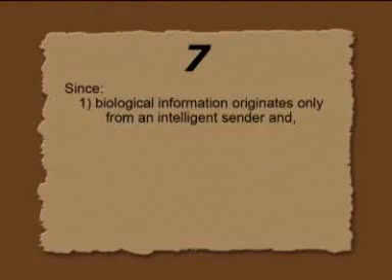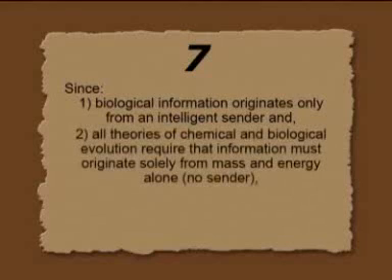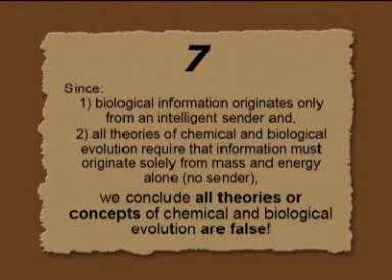Let me come to the seventh conclusion. Since biological information originates only from an intelligent sender, and all theories of chemical and biological evolution require that information must originate solely from mass and energy alone, which means no sender, we conclude all theories or concepts of chemical and biological evolution are false.